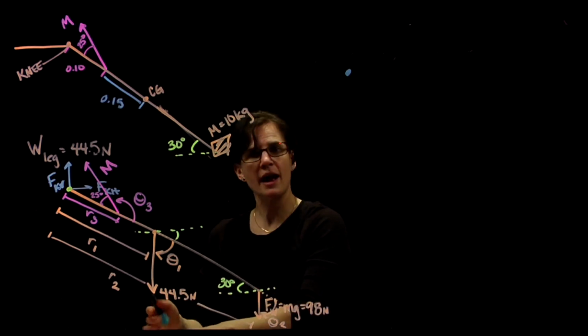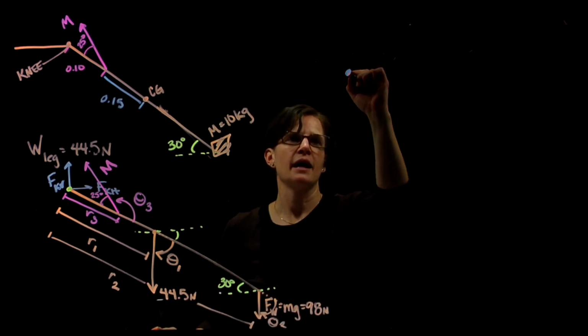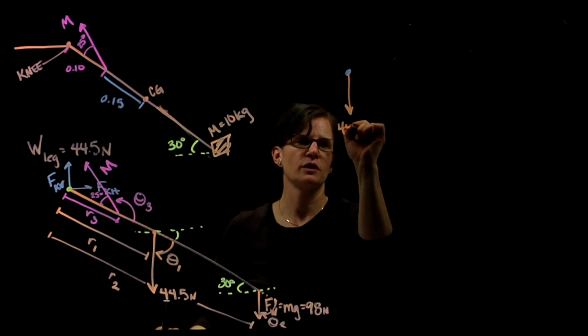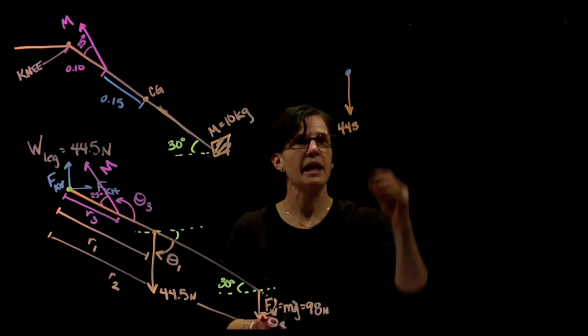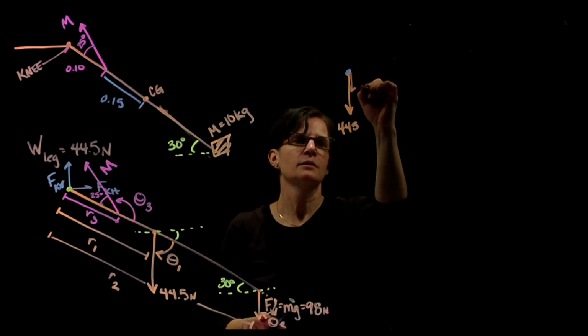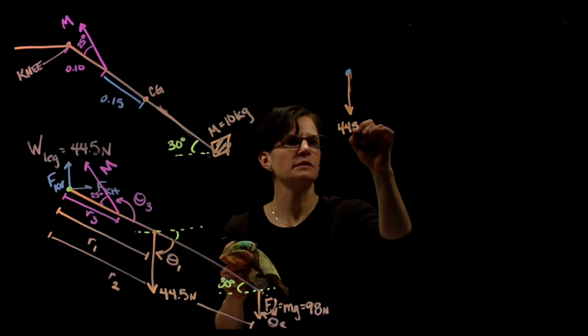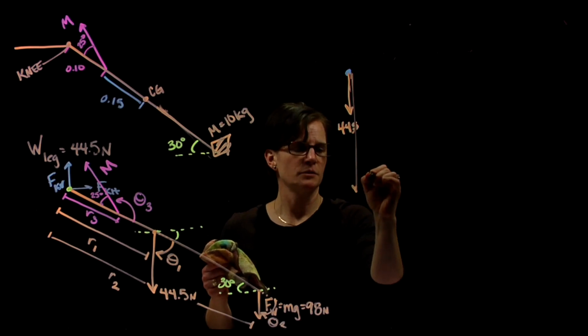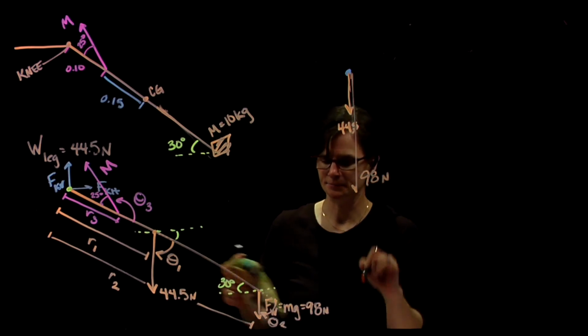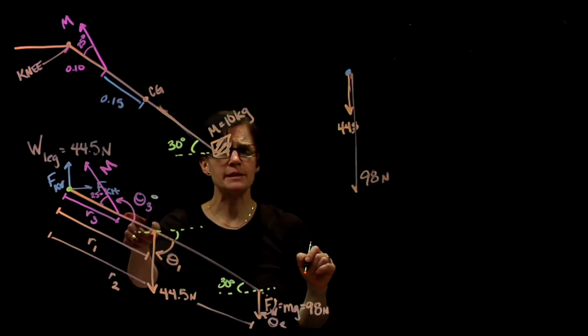So what forces are acting on it? I have the force of gravity, which is 44.5. And I have the force of the block, which is bigger. Shouldn't draw it smaller if it's bigger. That's 98 newtons. I have the force of the muscle.